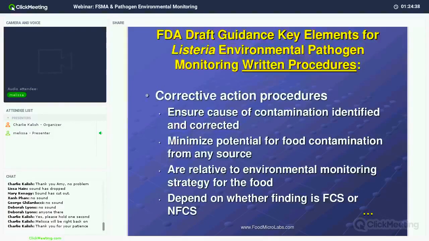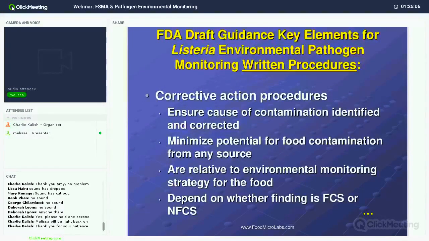And in the written procedures, we also need to have corrective actions, and specifically to ensure the cause of contamination has been identified and corrected, that the potential for food contamination has been minimized, that the corrective actions are relative to the environmental monitoring strategy for the food and risk of the food is what they mean.